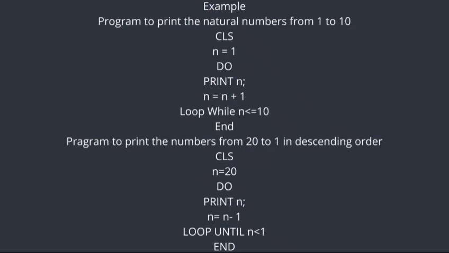You should print n. Now there's a statement that tells you to perform the series from 1 to 10. So how would you actually achieve 1 to 10? Just like they did it in the for next loop, you have n is equal to n plus 1. Now the statement says while n is less than or equal to 10, then you end.